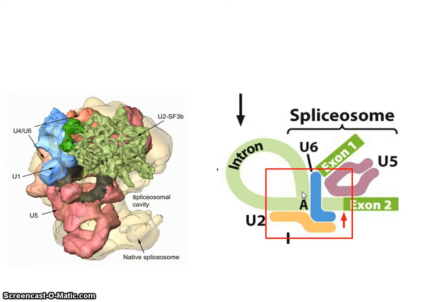RNA components, and some of the more important RNAs that are actually directly involved in intron splicing include 3 that are called U2, which is here, U2, U6, and U5.